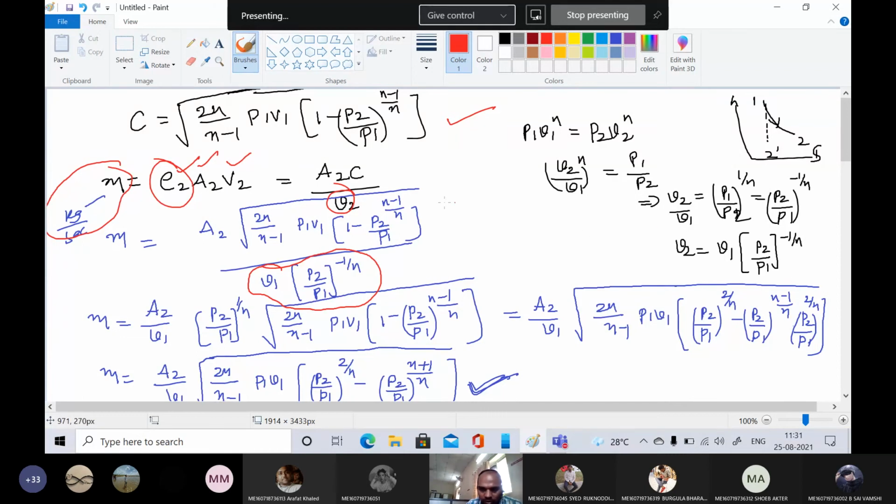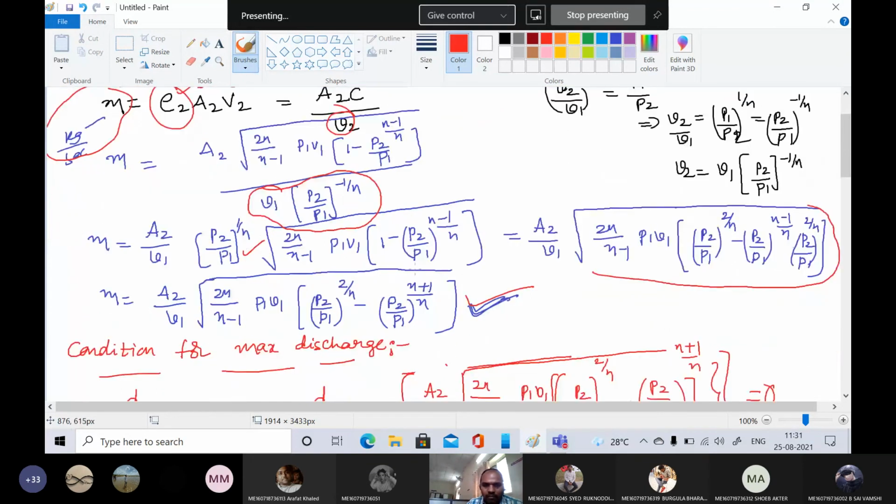So here what we did, we took P2 by P1 common, P2 by P1 whole power 1 by n common, then we were left with this one. Okay, then after simplifying we are getting this value, right? Now, next after that what we did, this is the mass of the steam discharge.